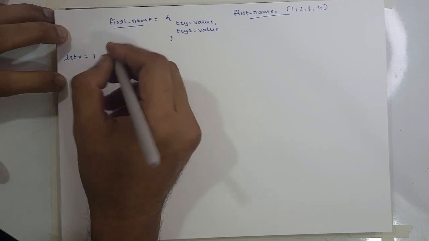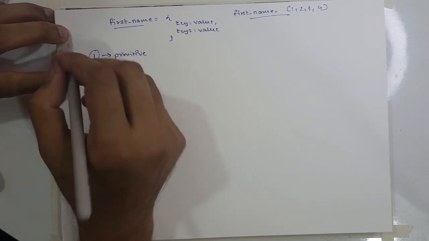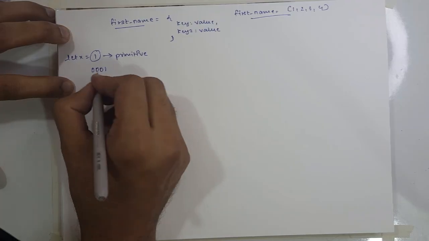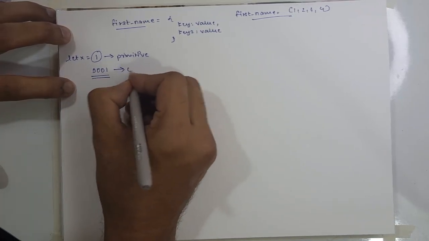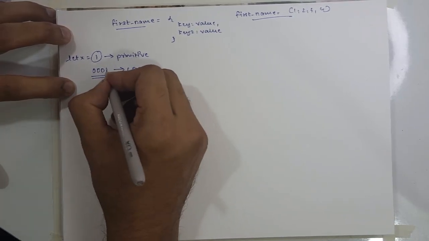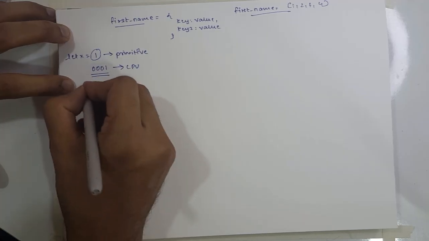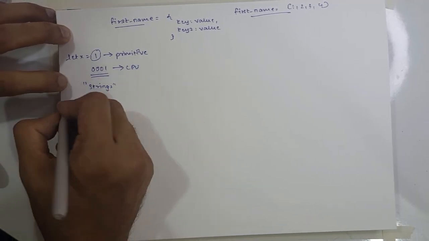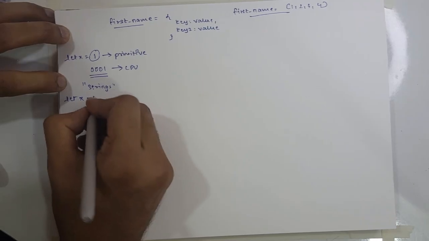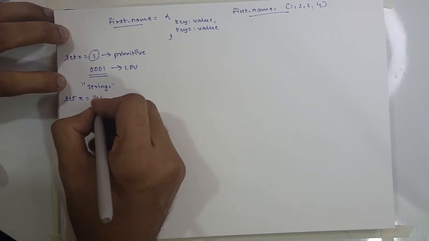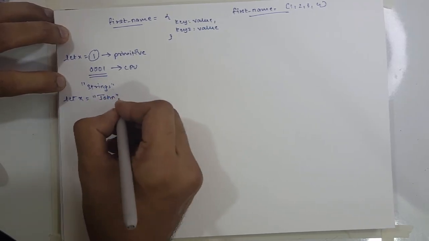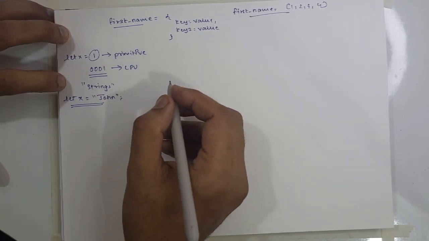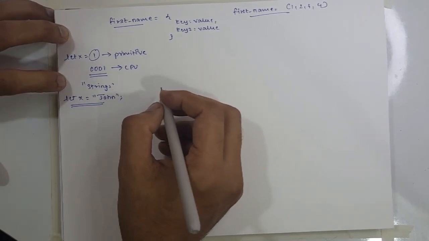Primitive in the sense our CPU knows how to process 1. 1 is basically defined as 0001 in binary, and the CPU knows how to process 0001. Similar is the case with strings. If I'm saying let x is equal to John, this is basically converted into Unicode and then it is parsed.